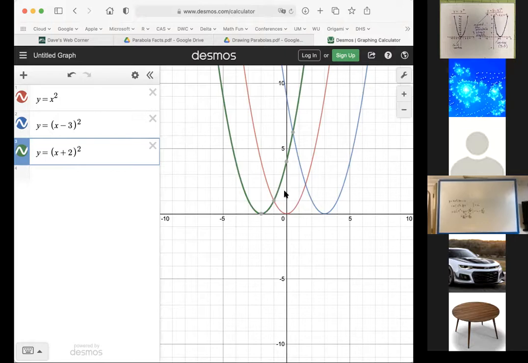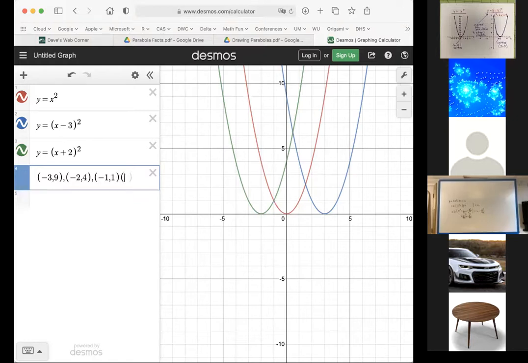Now think about this for a second. You got red parabola with its famous points, and then you got blue parabola and green parabola. They're all using the same points. It's just that I'm shifting the points to the right or to the left. So if I learn one set of parabola points, like -3, 9, -2, 4, minus 1, 1.